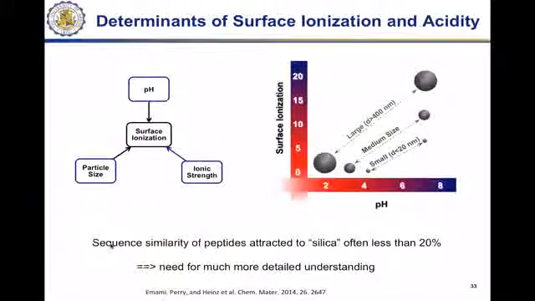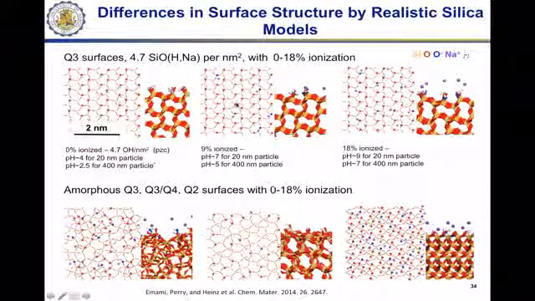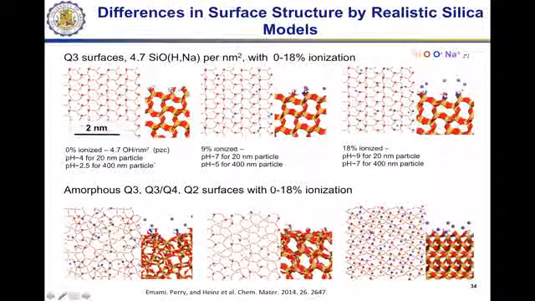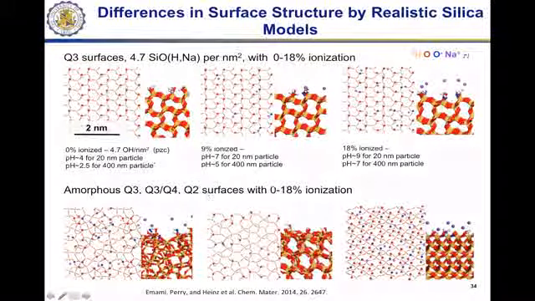So we have actually solved this problem in terms of modeling, because we took experimental data into account as a function of pH and also particle size. Surface ionization varies a great deal. And we made accordingly models that represent these different possible surface chemistries: no ionization, some ionization, then some type of quartz-like surfaces with Q2 environments.